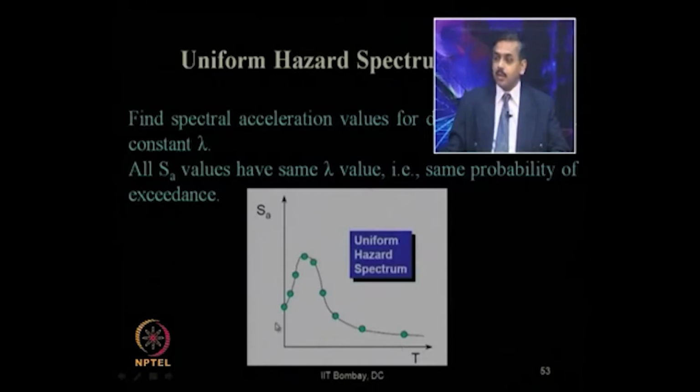Clear? So, we will get different UHS curves corresponding to different probabilities of exceedance, and accordingly, based on the importance of your structure, you can select which SA by T curve or UHS curve you should use for design. Clear?